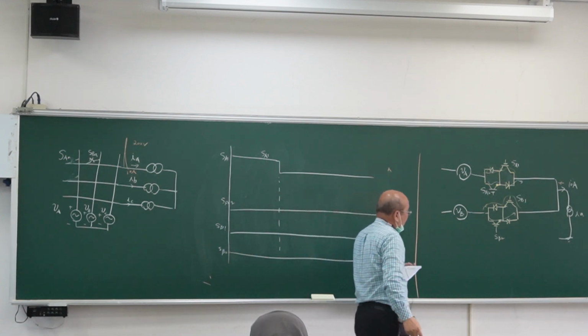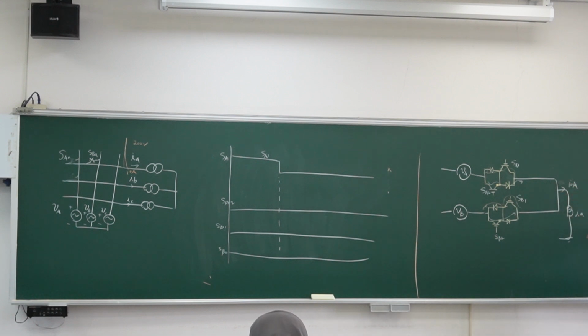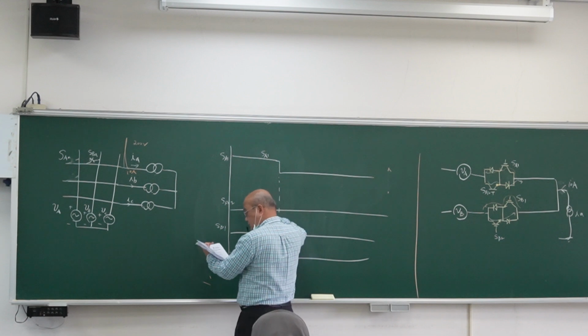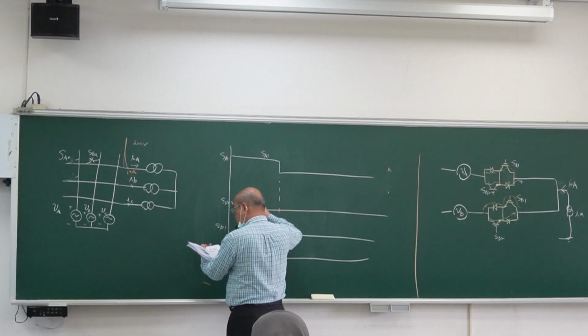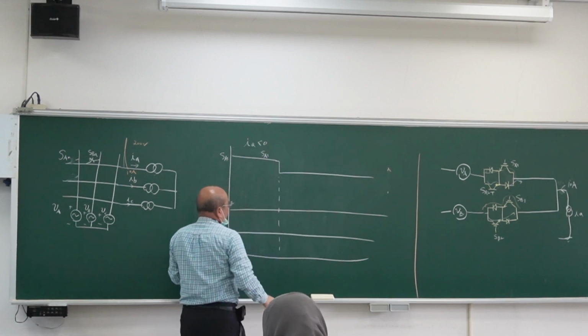So now we detect the current is positive this way. Sorry. The current is negative, so it should be this way. So now we detect the current is negative. So IA is negative.